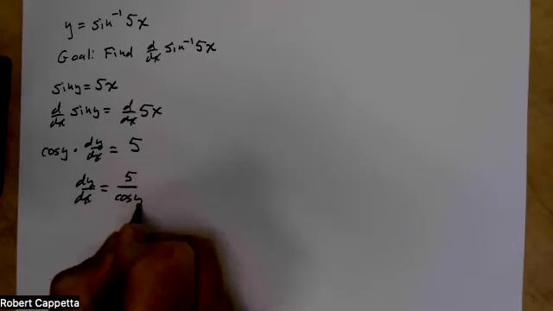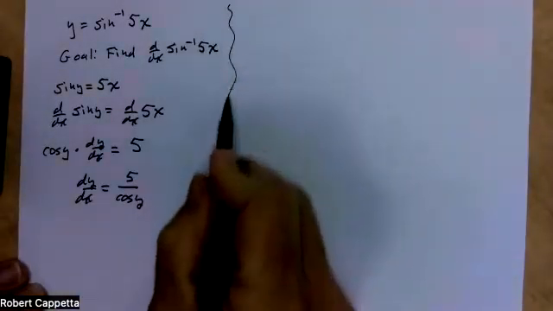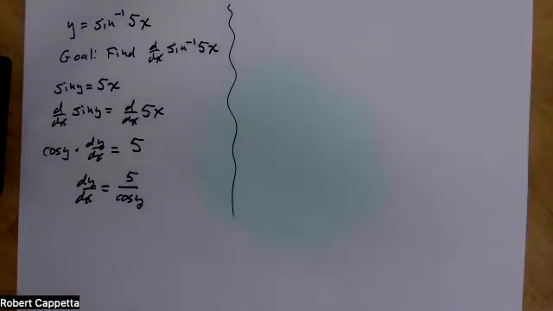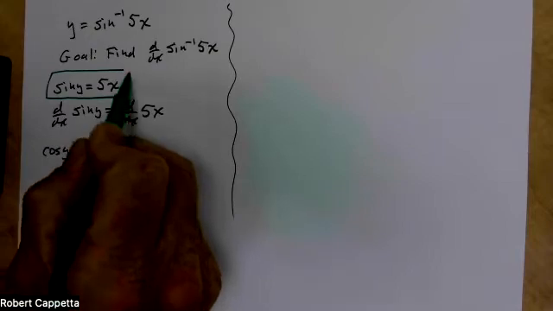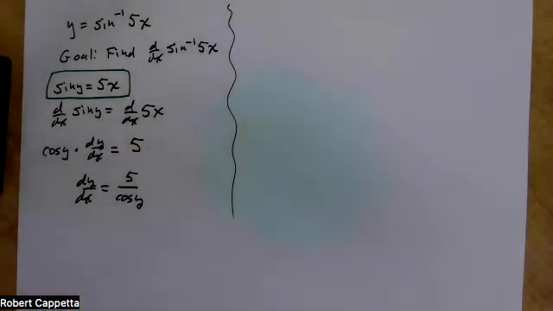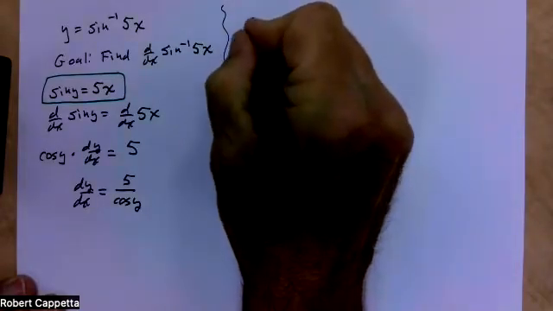Now, we're not finished with this. We need to figure out what cosine y is as a function of x. But let's go back to this line right here. Sine of y is 5x. Let's write that down. I'm even going to think of it as sine of y is 5x over 1.